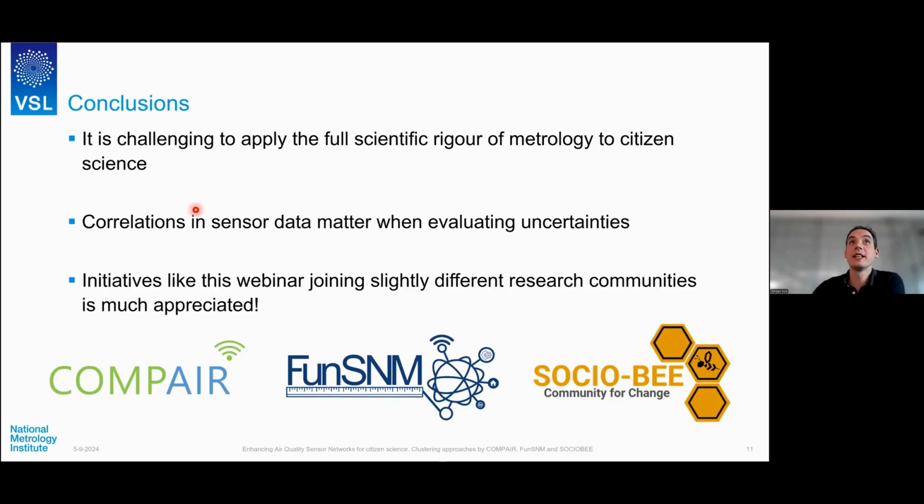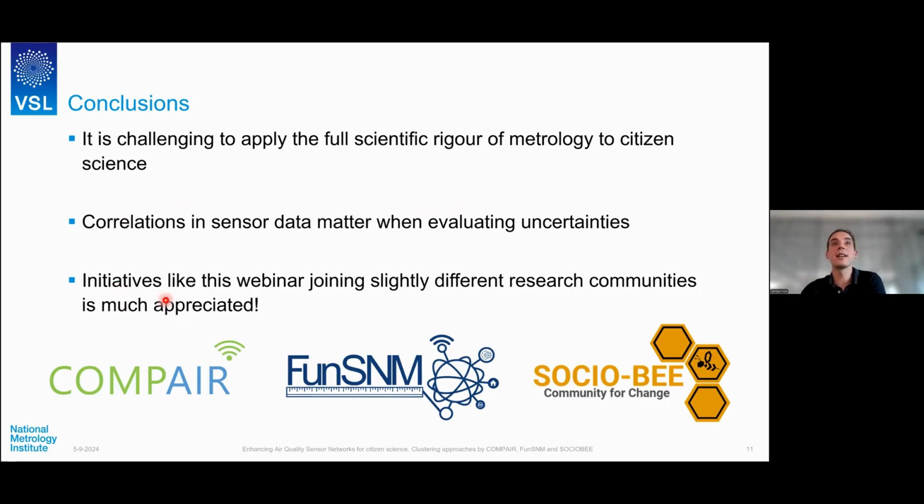Then there can also be correlations in sensor data, and when you want a quite accurate uncertainty evaluation, then that matters. Of course, there can be other big uncertainty sources, but if you want to be precise, then it matters.